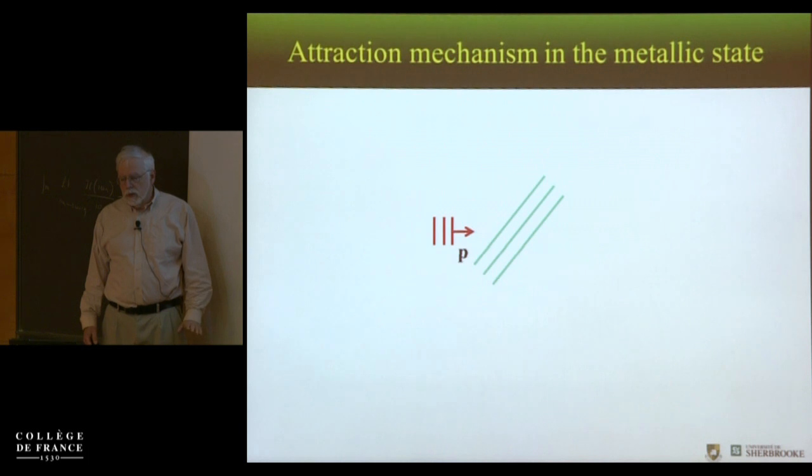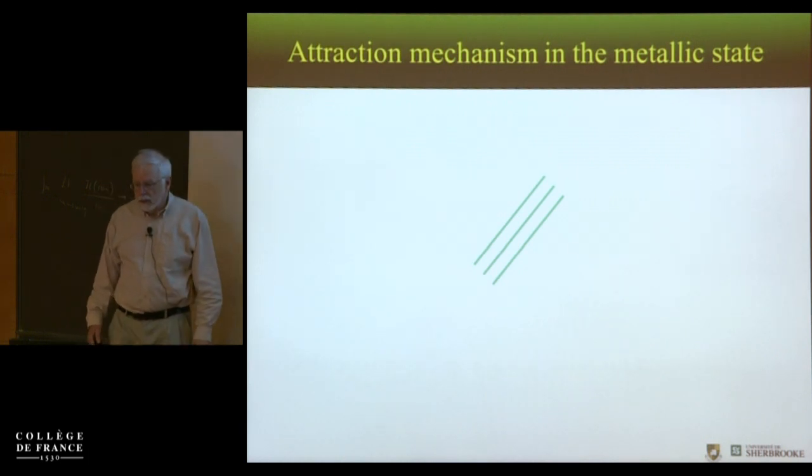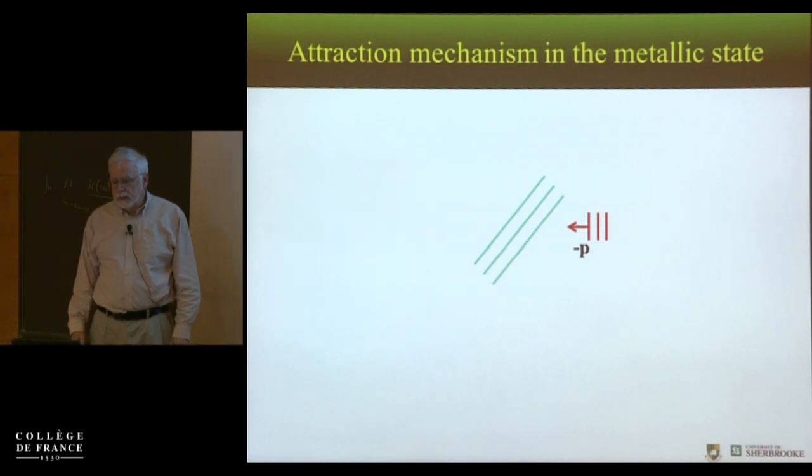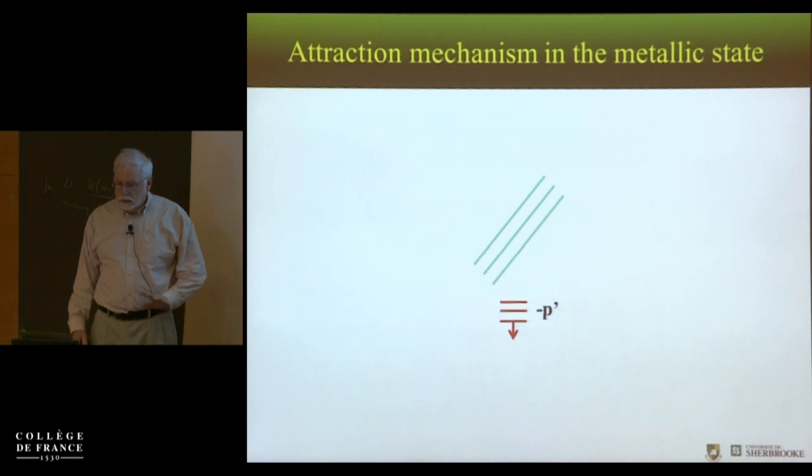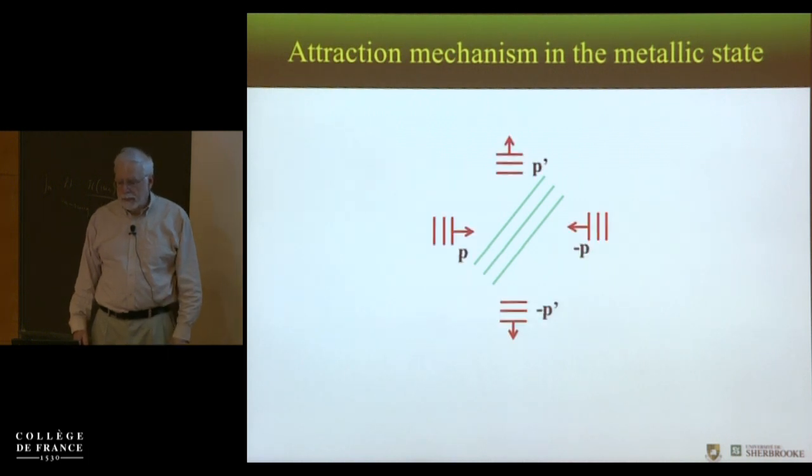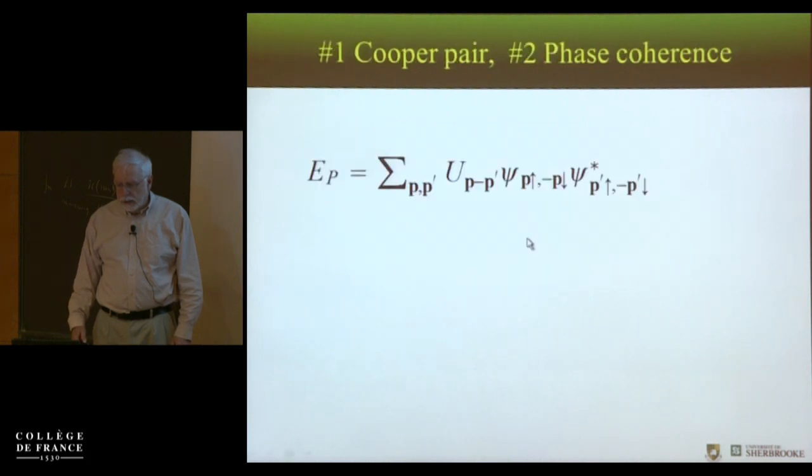Superconductivity: you're all familiar with the fact that there's an attraction mechanism in the standard BCS theory and that it is retarded. So the electrons don't get to the same place at the same time, and the effective attraction is between a pair here and a pair there. The ingredients for superconductivity are Cooper pair formation and phase coherence.